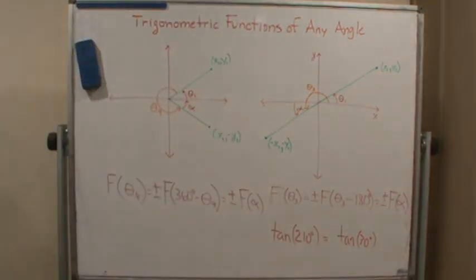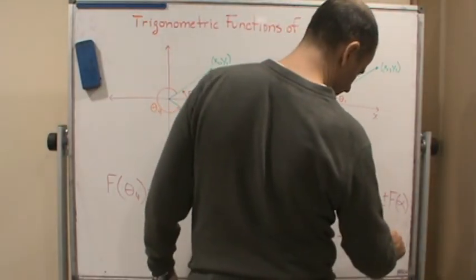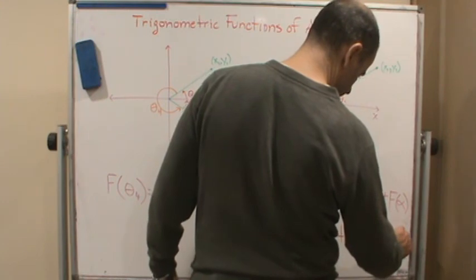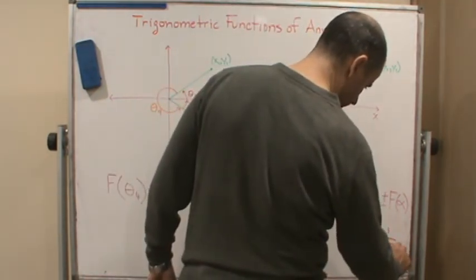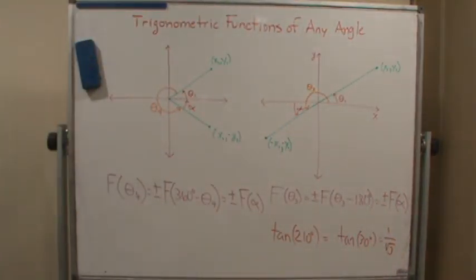And then we know that tangent of 30 is going to be equal to 1 over the square root of 3. And so that's how we use the reference angle.